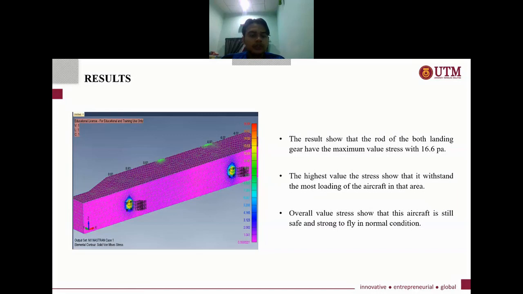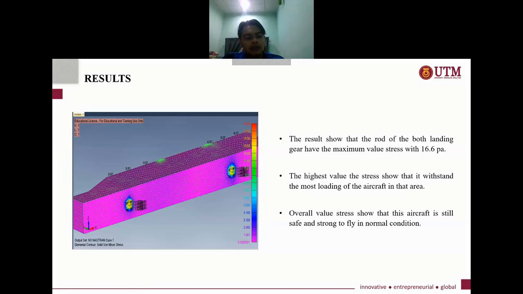From this result we can see that the maximum value of stress is around the root of the landing gear, both the front and back landing gear.